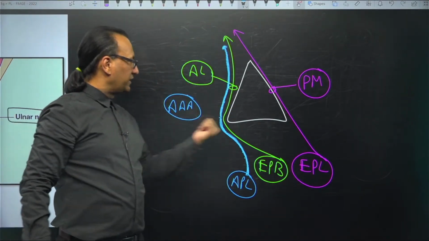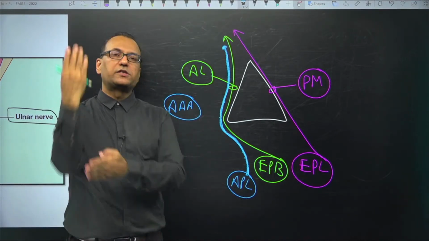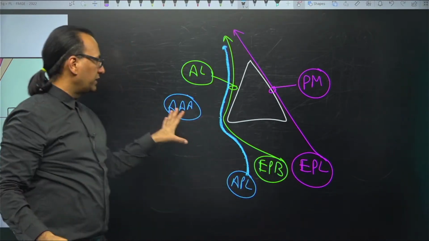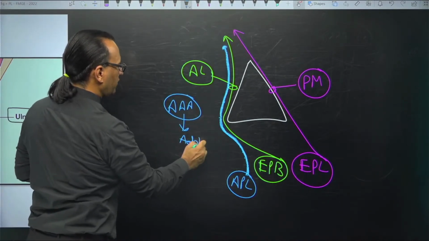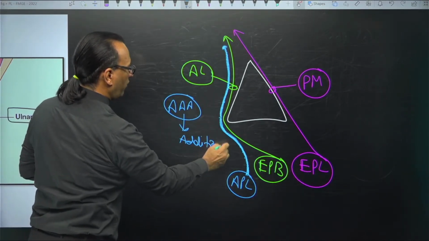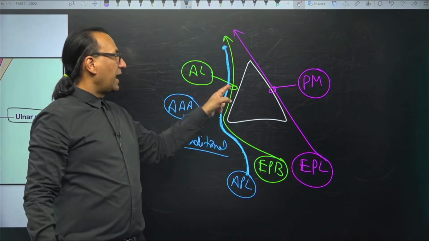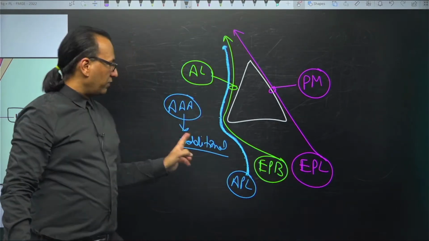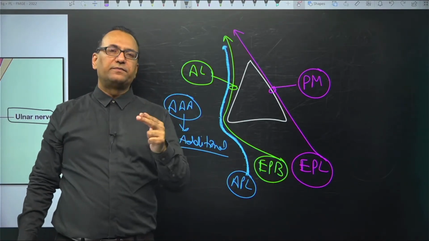The second A is additional boundary. It is not the true boundary, it is just an additional boundary. The true boundary is extensor pollicis brevis. And what is the third A for? The third A is anterior.